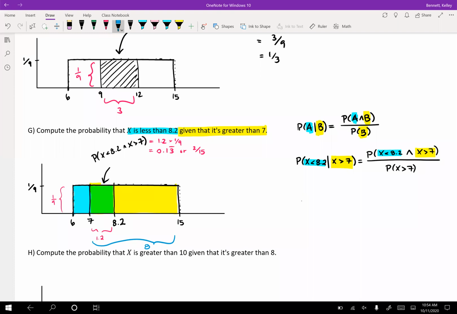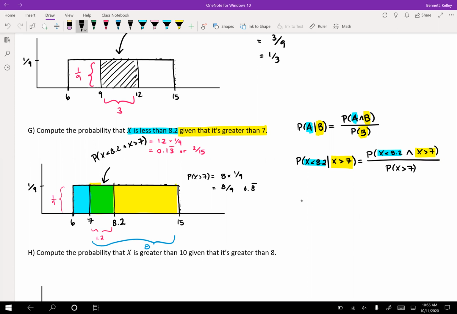So the probability that X is greater than 7 is 8 times 1/9. Sorry, 1/9. So that gives me 8/9, or I could write 0.8 repeating. All right.